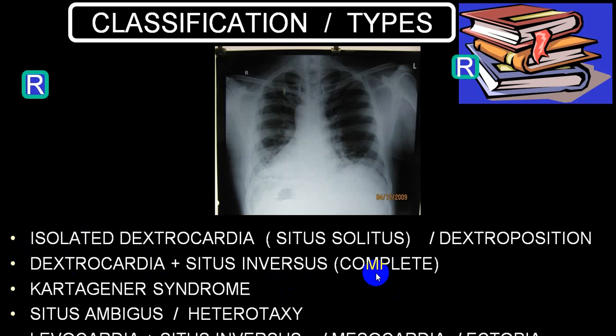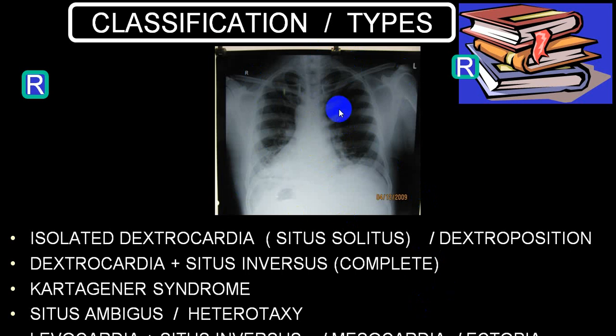The word is utilized a good number of times: complete situs inversus. There is another terminology called Kartagener syndrome. It is dextrocardia with agenesis of the frontal sinus and ethmoidal sinus, so sinus agenesis, bronchiectasis, and may be associated with involvement of the pancreas and other structures.